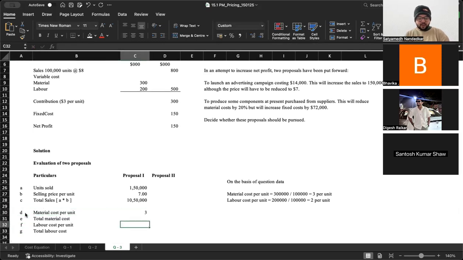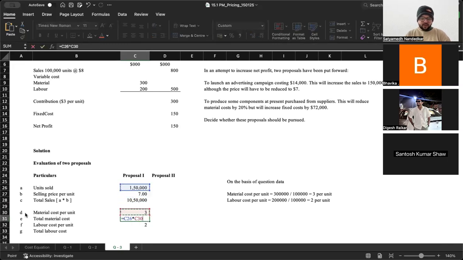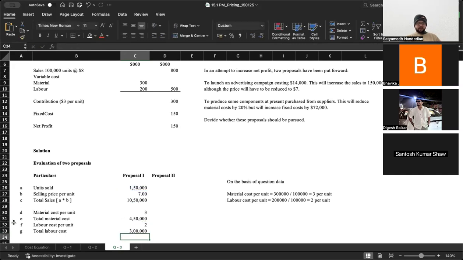Material cost per unit है 3, labor cost per unit है 2. Total material cost will be 1,50,000 into 3, and total labor cost will be 1,50,000 into 2.